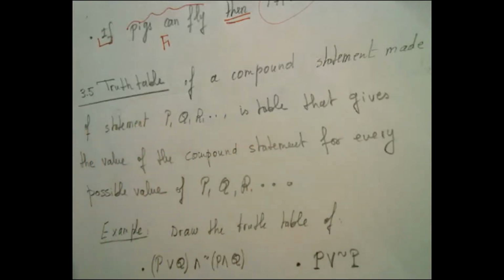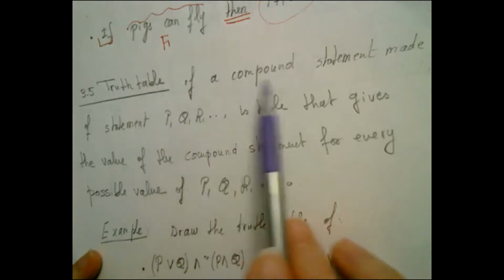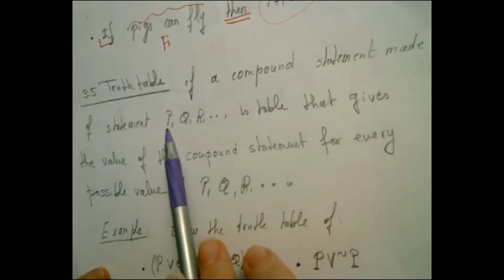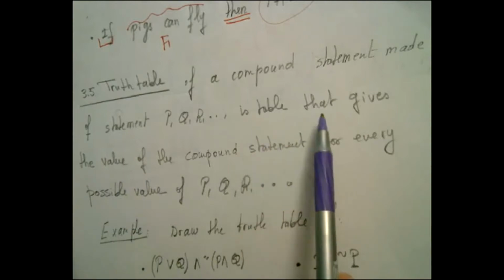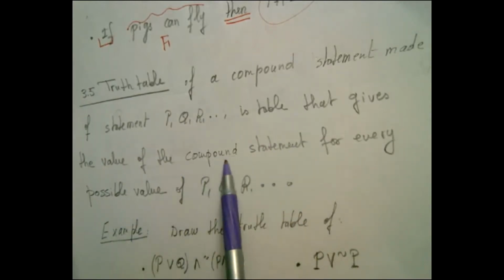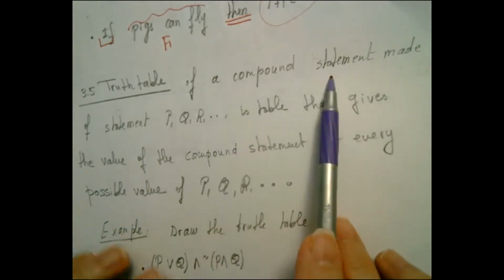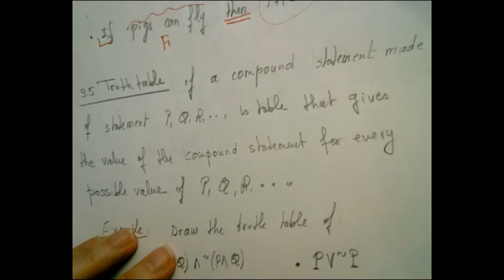Compound means 2 is even and 2 is odd and pigs can fly. So it's a combination of things. So suppose you have a compound statement made of other statements P, Q, R. The truth table is a table that gives the value of the compound statement for every possible value of P, Q, R. So it's a table which is going to tell me what is the value of your statement when the values of its components P, Q, R are changing.